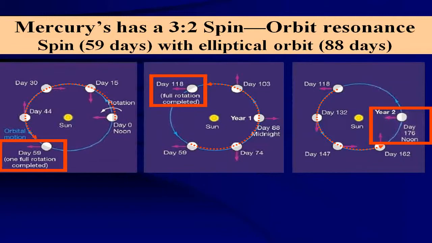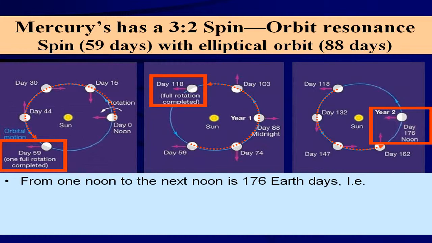So between one crossing of your overhead meridian and the next crossing of your overhead meridian, it has been 2 Mercury years. So from one noon to the next noon is 176 Earth days, or 2 Mercury years.